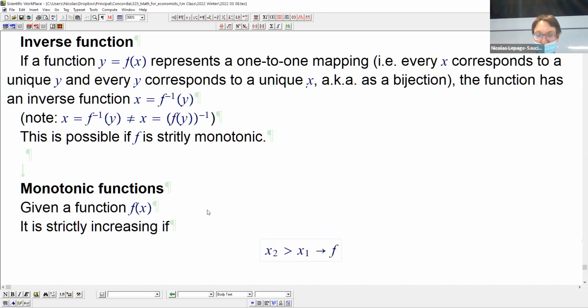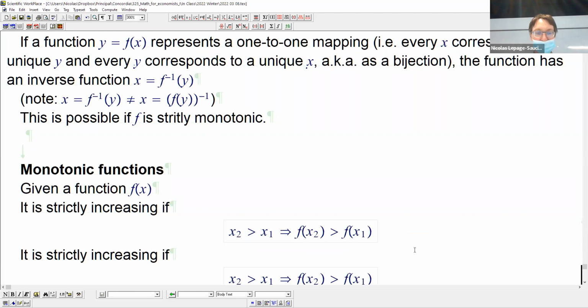That means f of x2 is greater than f of x1. I don't know whether I should use a double arrow or imply; I don't know all that much about math notation. So this is strictly increasing. Every time you have an x2 that's bigger than x1, then f of x2 would be bigger than f of x1. And then, of course, strictly decreasing.